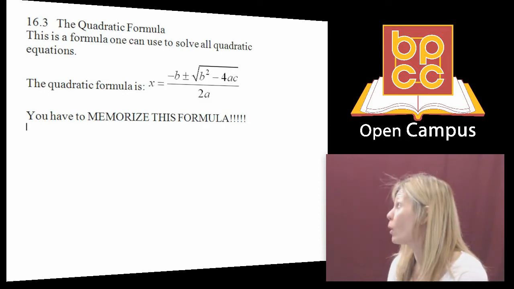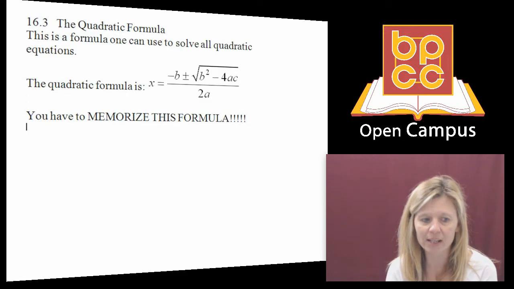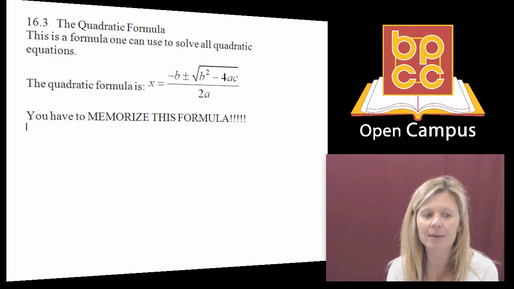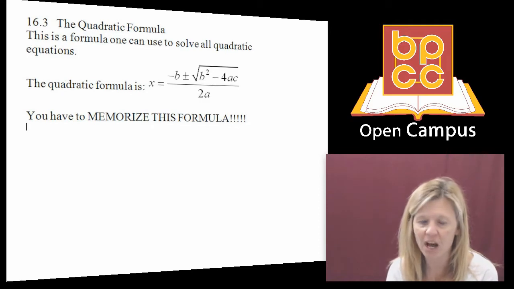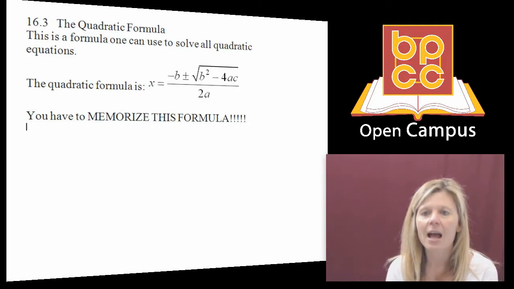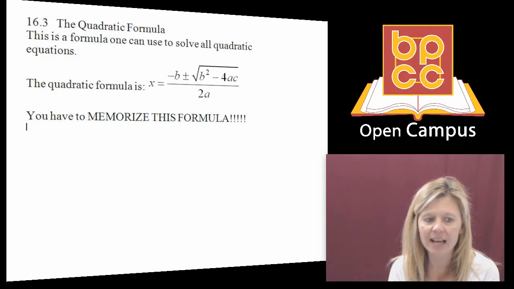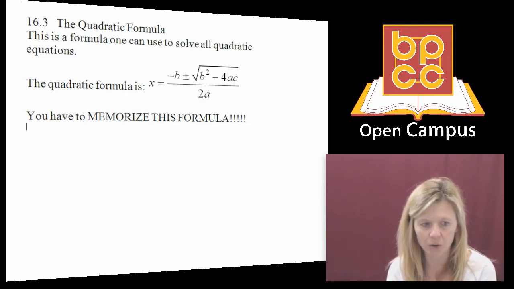So, we're going to sing it. And if you know the tune, Pop Goes the Weasel, it goes to that tune. So, I'm not the best singer in the world, but I'm going to give it a shot. So, to memorize the quadratic formula, you sing x equals negative b plus or minus square root b squared minus 4ac all over 2a.